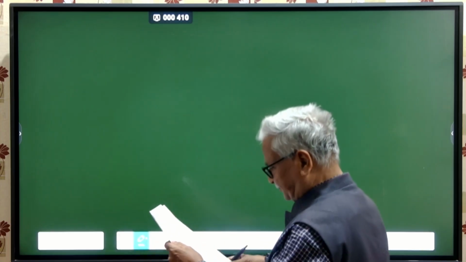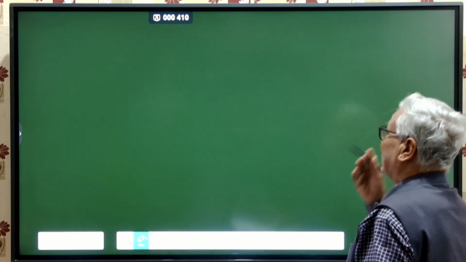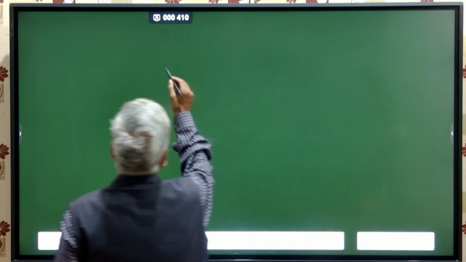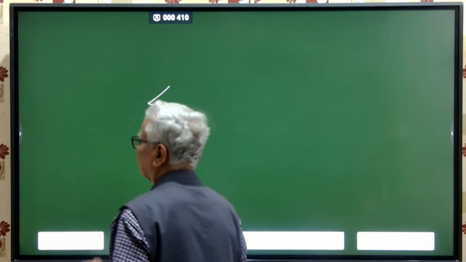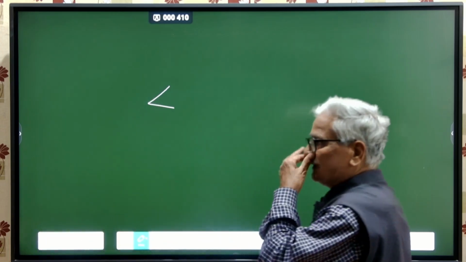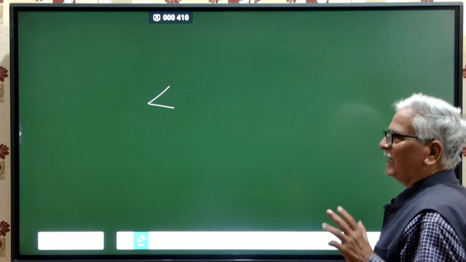Just see, the symbol is this. This symbol has two faces.